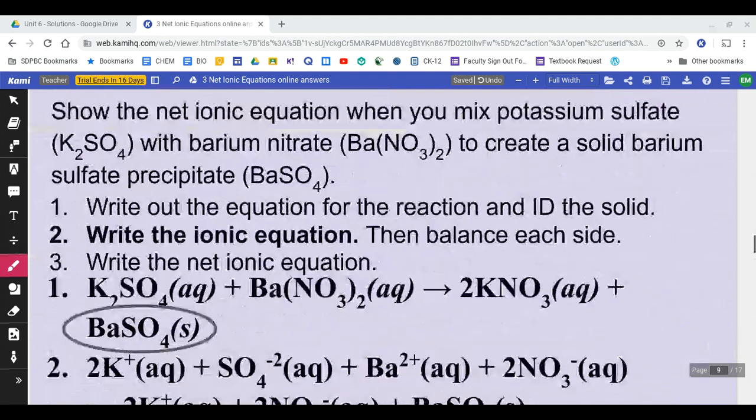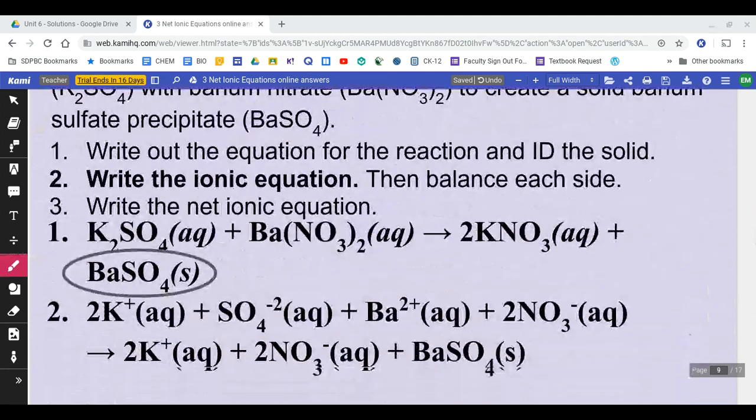Now write the total ionic equation. Here's how I wrote this one. Again, you're just splitting up each compound into its ions. So K2SO4 becomes 2K plus. It's K plus because potassium is positive. Use the periodic table to help you with that. SO4, minus 2. There's only one of them, but it's a minus 2 ion. Sulfate's a minus 2 ion.